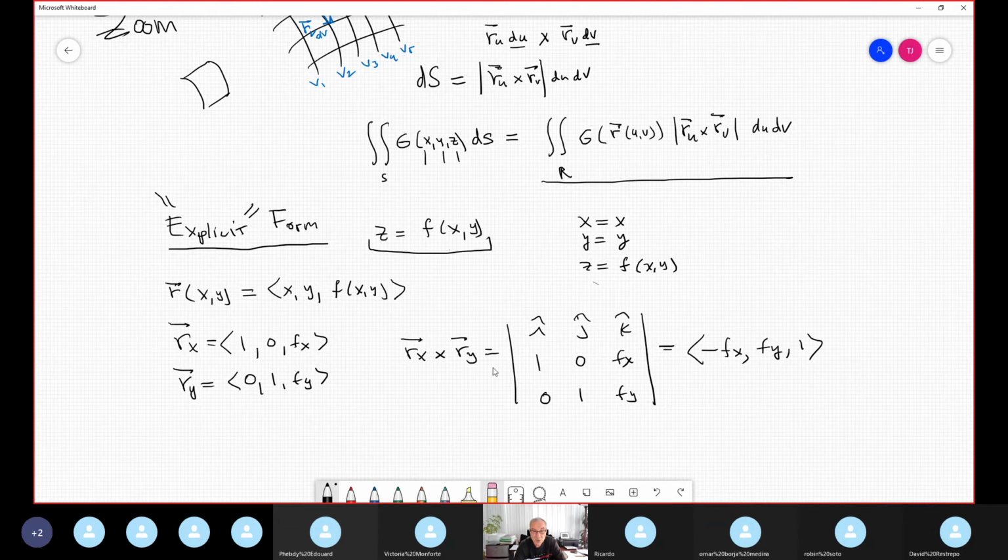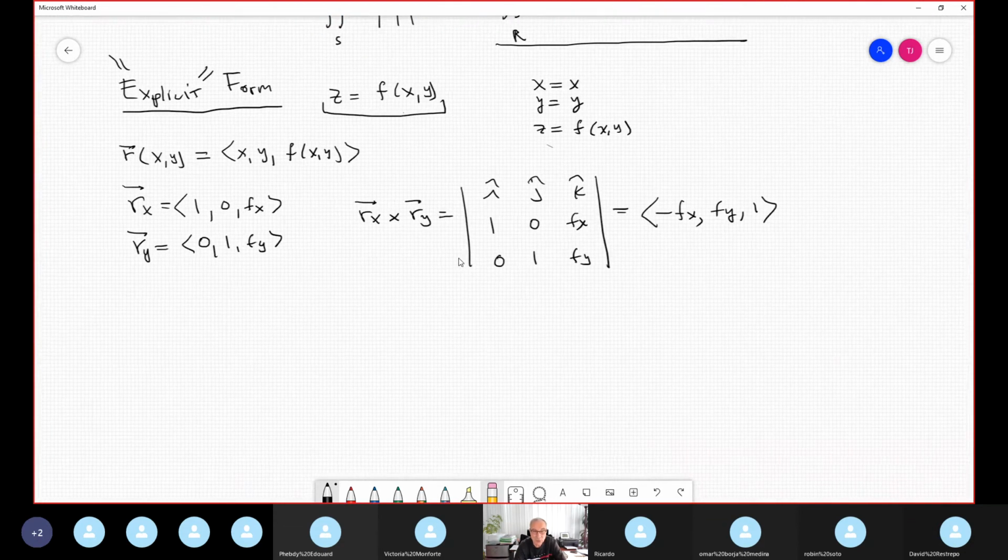This is the vector. If you want to find the magnitude of this vector, it is the square root of this guy squared, so the negative is gone, plus this guy squared, both minus, but when you square, positive, plus 1.